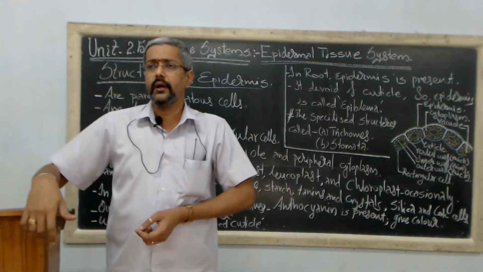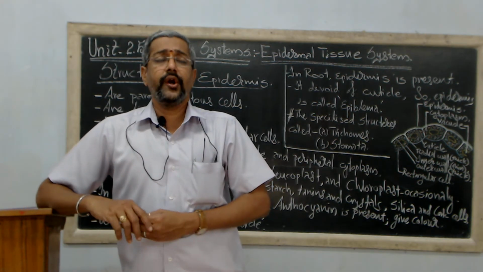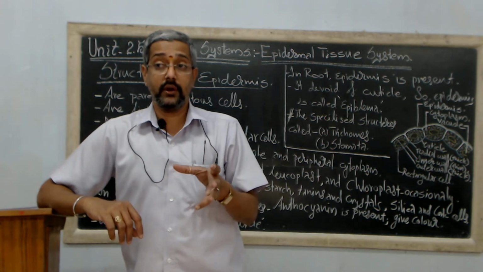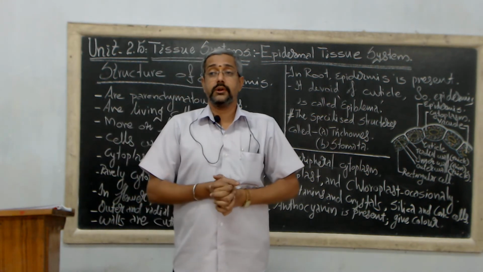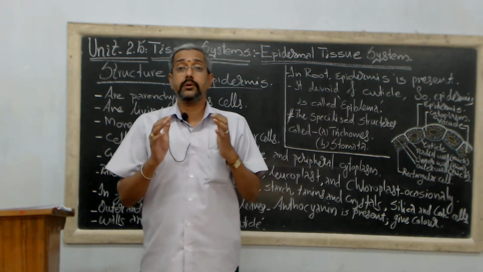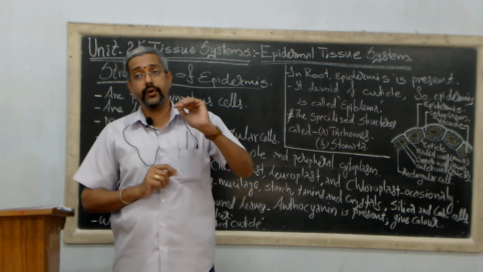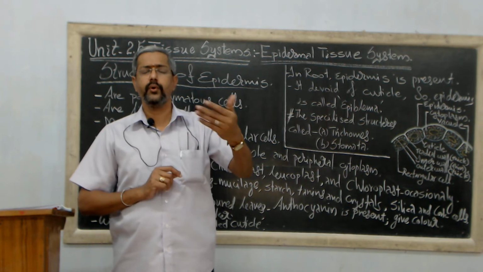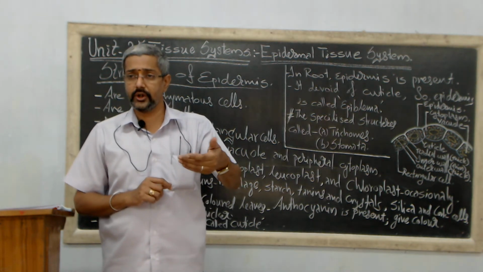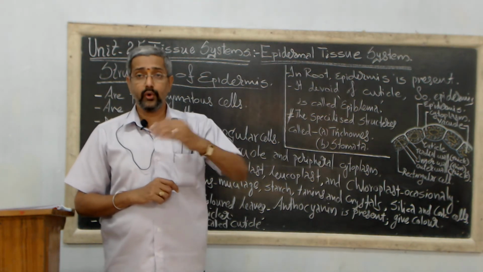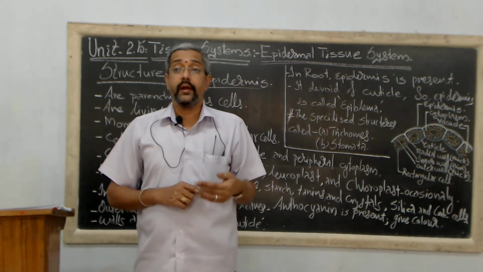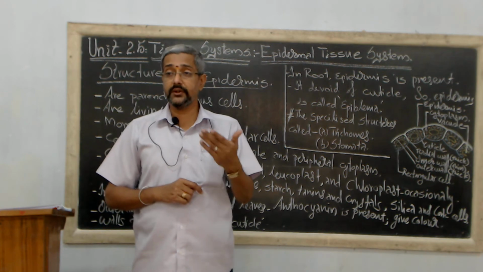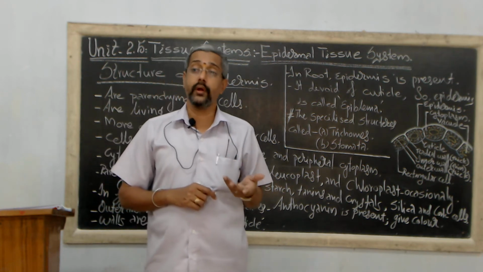So every time while we are studying histology or anatomy, the plant tissue or the epidermal tissue system which contains the outer epidermis, and always when we are drawing or viewing through a microscopic section, we can see the outer part of the plant body with a little deposition of waxy substances, and they are called cuticle.